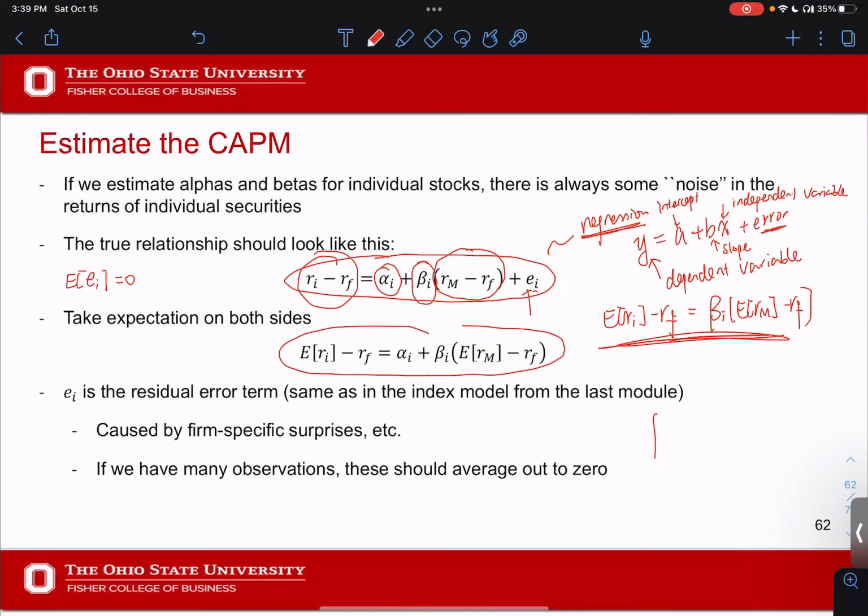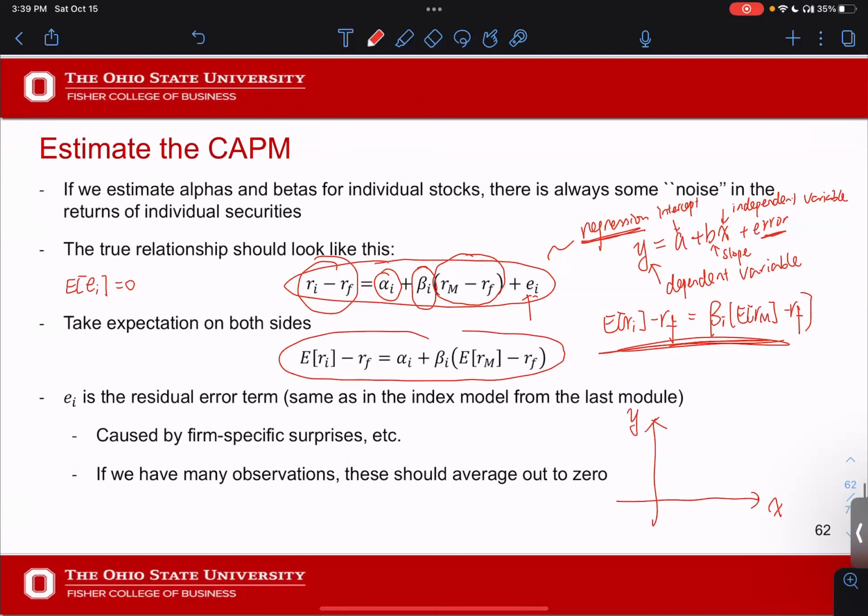Let me visualize it a little bit more. This is X, this is Y. The regression gives you this line. This part is a, and the slope of this line is b. The dots are your data observations. You might observe the data above or below the line.